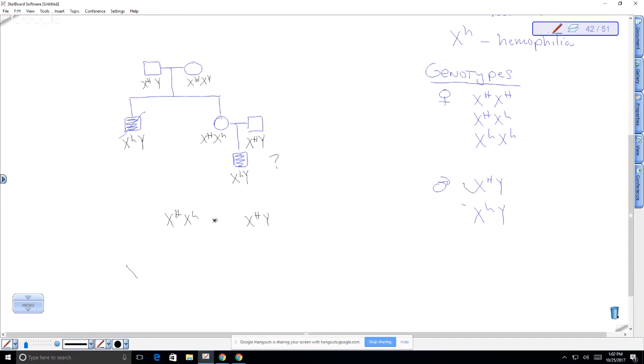The mother can produce this gamete, and she can produce this gamete, right? So those are the possible eggs. The males can produce a sperm with X with big H or a Y. So this is my Punnett square where I combine my gametes to determine what the possible genotypes of the offspring are.